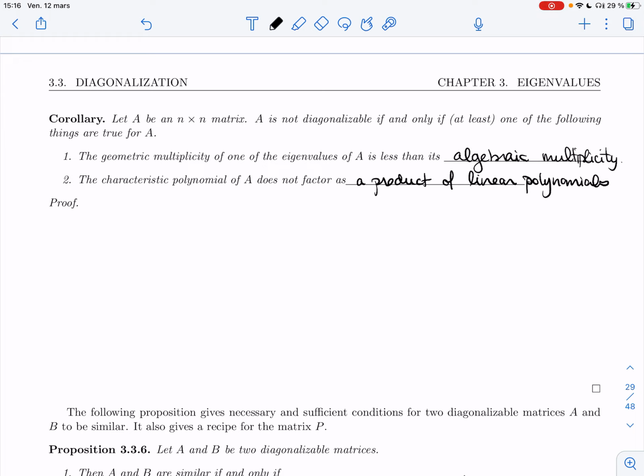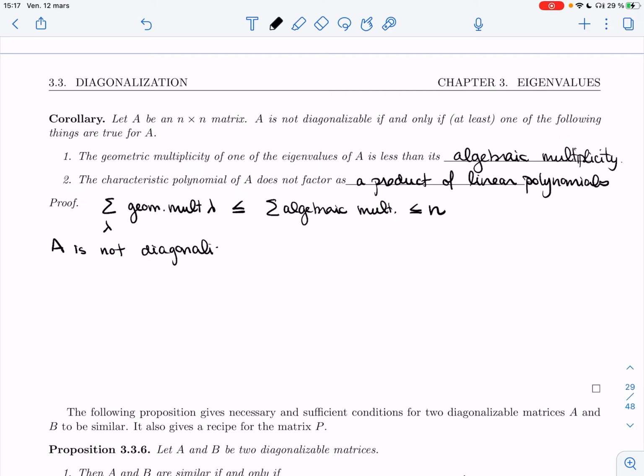Let's see why. So we know that the summation of the geometric multiplicities of the eigenvalues is less or equal, from the last theorem, to the sum of the algebraic multiplicities. And that's like counting the number of linear factors that the characteristic polynomial has. So the most it can have is the degree, which is n. And so A is not diagonalizable if and only if that sum is less than this one.